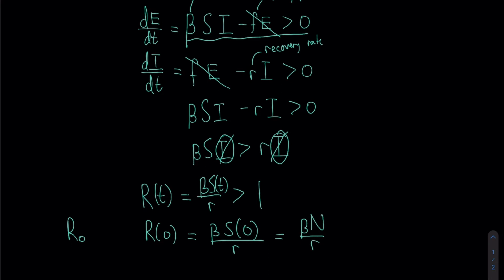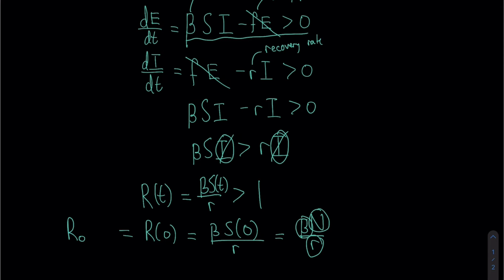So R0 is basically, in a totally susceptible population, if a single infectious person goes in, on average, how many people will that person infect? And of course, this is an average value, so it's going to change. It also depends on the disease. Notice that small r has to do with the disease, but it also depends on the population size and also the social structure, the contact rate.